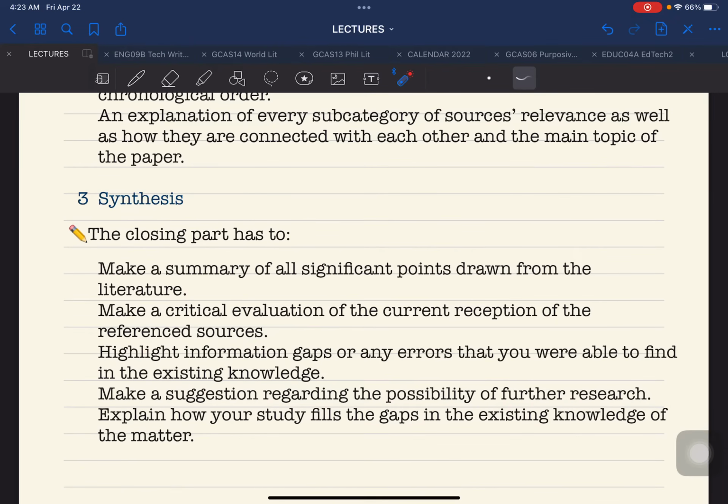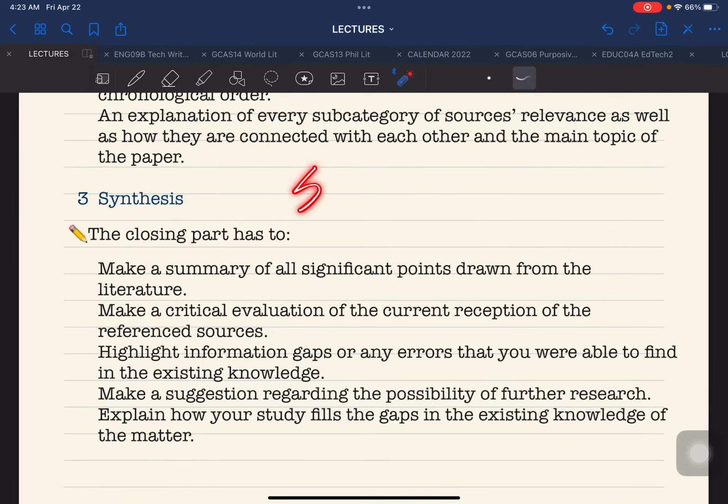So, in your study, you're trying to identify the reasons behind a particular issue. Now, you're using the RRL, Review of Related Literature, in order to support your claim that is found in your study.